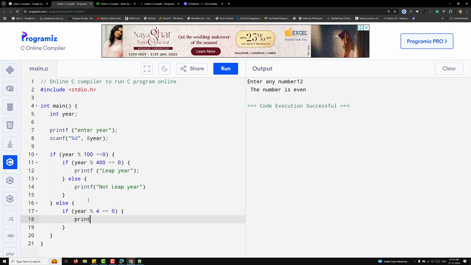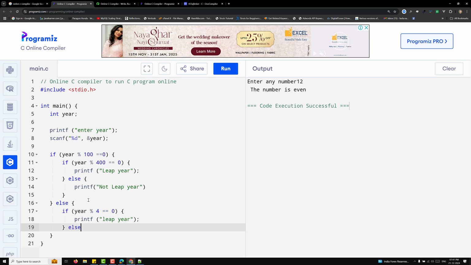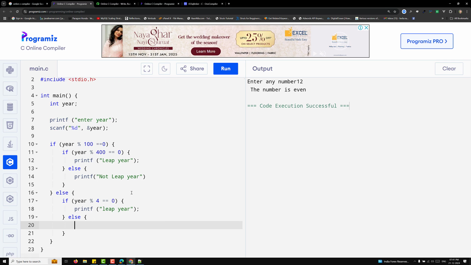Then we can printf leap year. I am writing it here with the nested if so that you can understand it very easily. The freshers who are trying to learn C language and the BTech students can easily understand it. Now here I will be writing printf not a leap year. That's it. So this is the logic for this one.